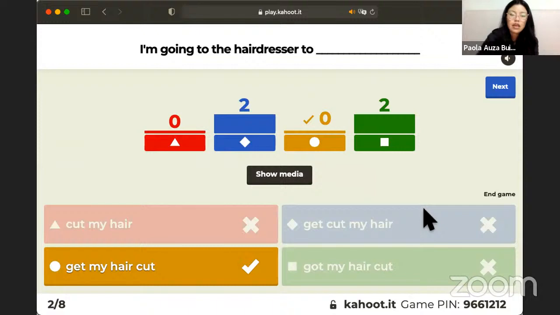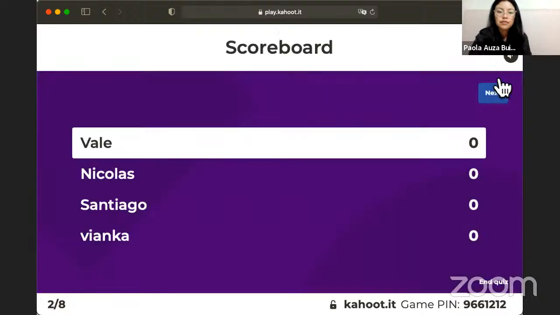Yes, get my hair cut. Causative verb, it will be have or get, no? Object, and then past participle. All right, that's why it was this one. Next.